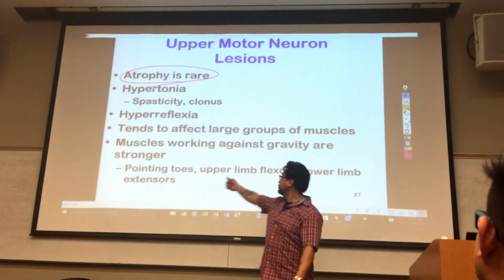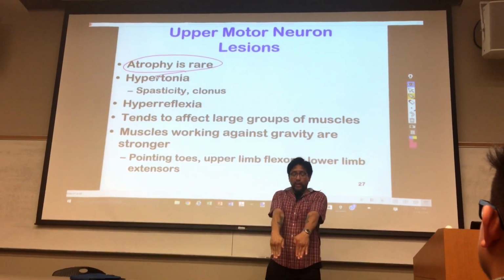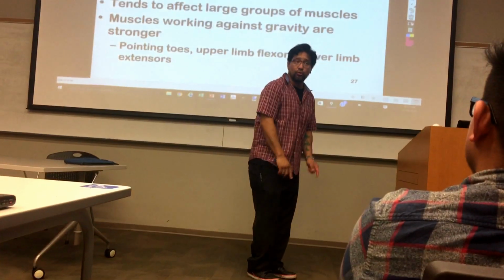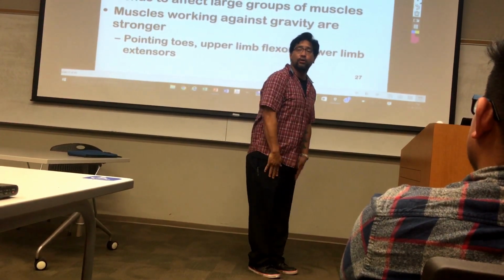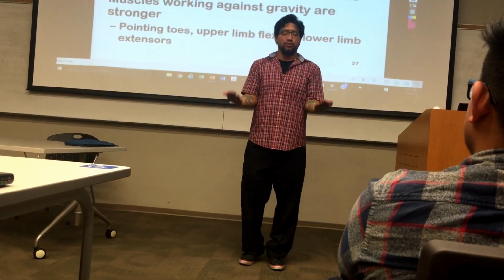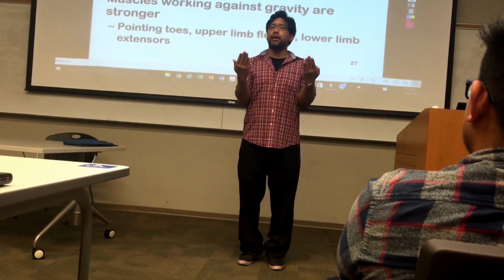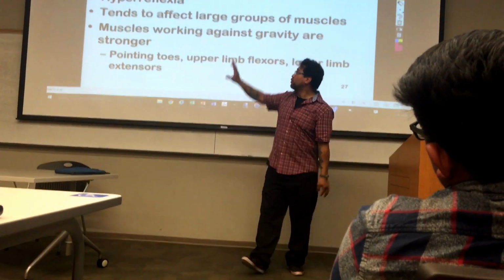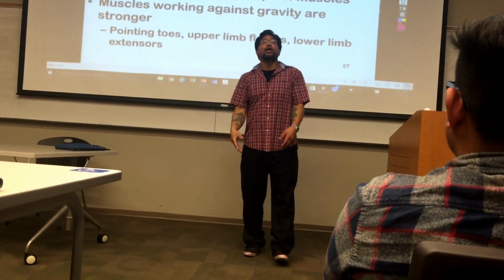I'm pointing my toes, right? So your toes will end up pointing more. Now, these muscles, my extensors, are the ones that are working against gravity, holding me up like this. Same thing for my arms. Which muscles am I using? Flexors. So here's what ends up happening: those muscles that work against gravity contract more.